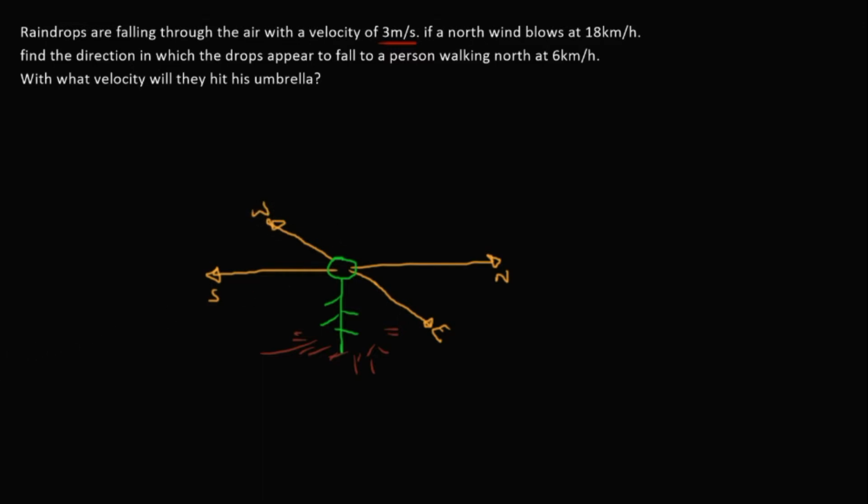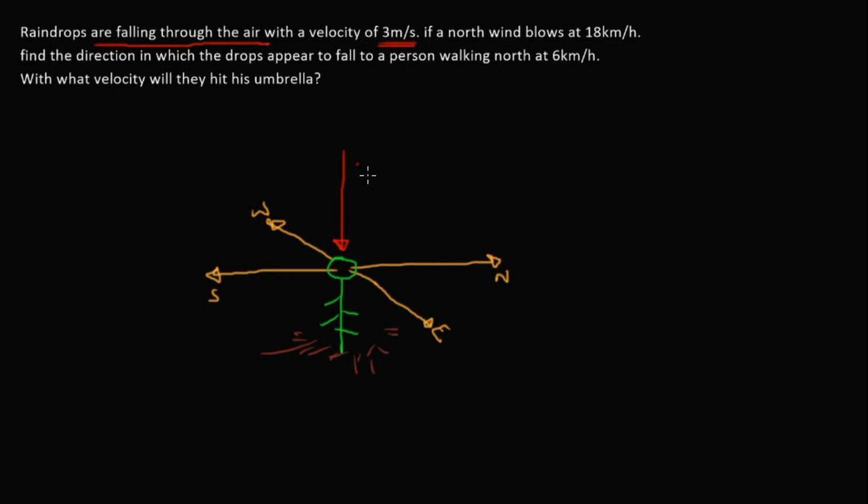Now when rain drops, rain has to drop vertically on this man if the man is stationary. Now let's see, raindrops are falling through the air, and it has to be with this velocity.